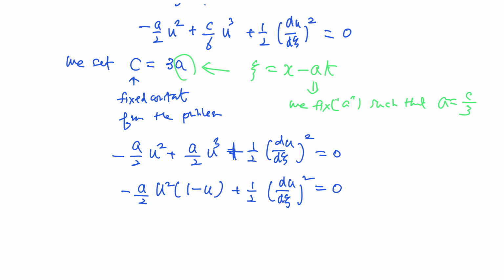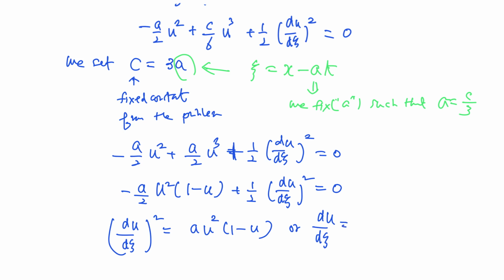So what do we get? So d psi du square is A u square 1 minus u, or d psi du is square root of A u 1 minus u, to the 1/2.